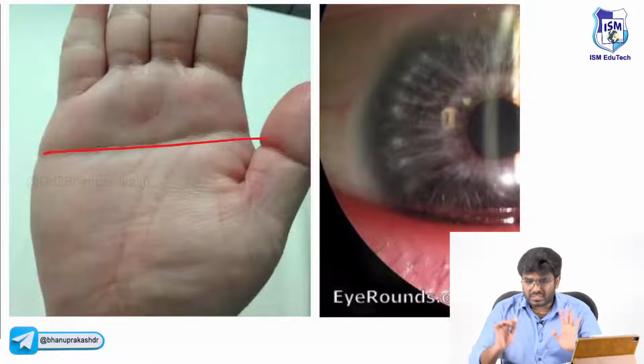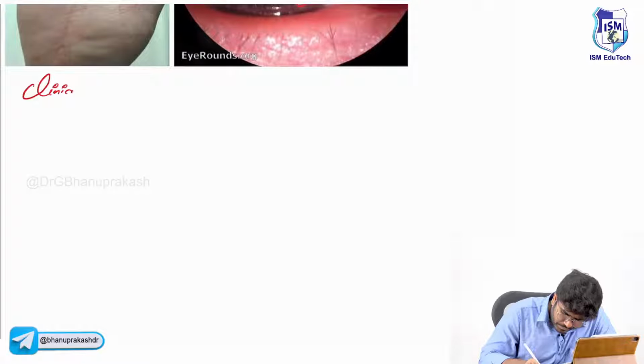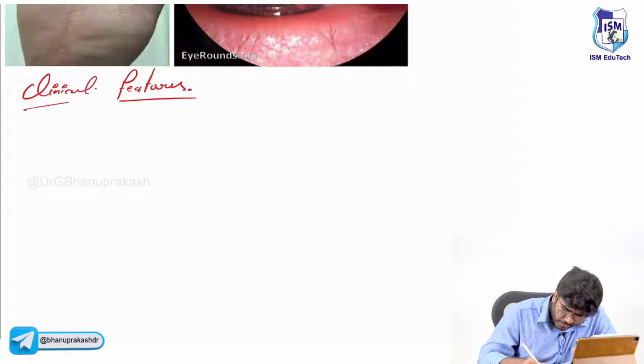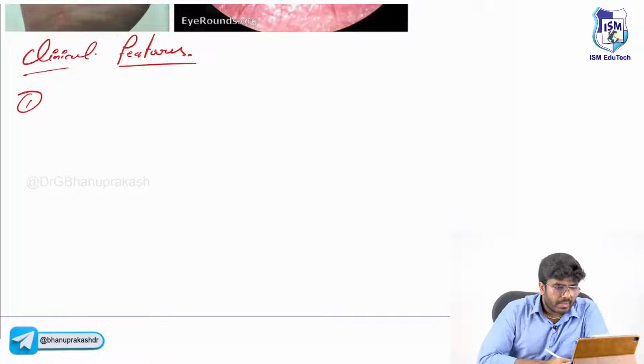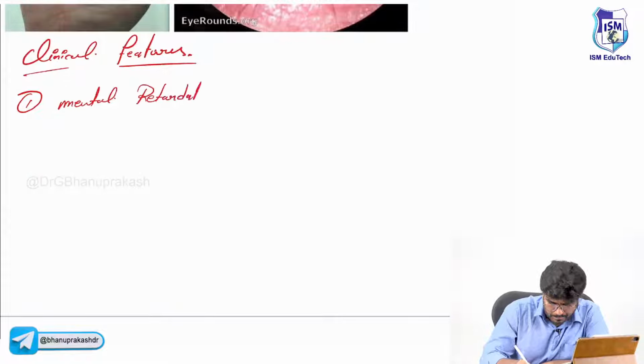Now let's go through the clinical features one by one. Clinical feature number 1 is mental retardation.